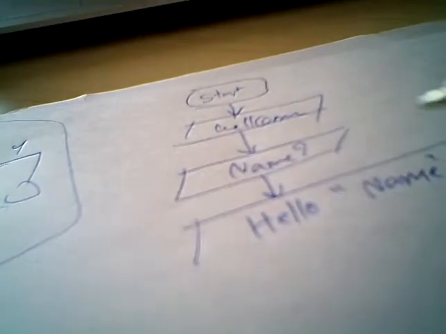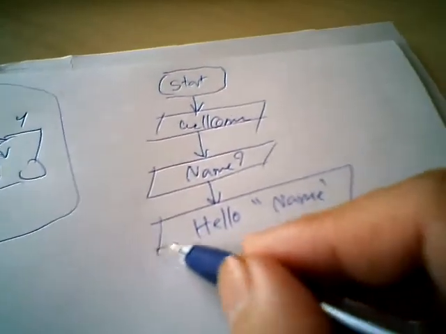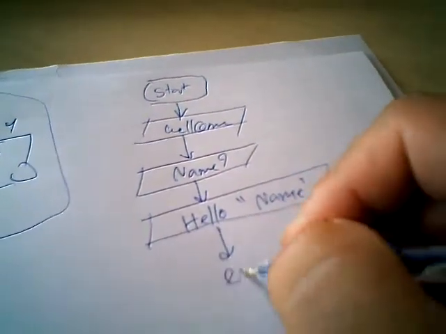Let's say, okay, start, and then okay, welcome, display welcoming, arrow, and then getting name, and then display hello, the name that the user input. Okay, and then end.